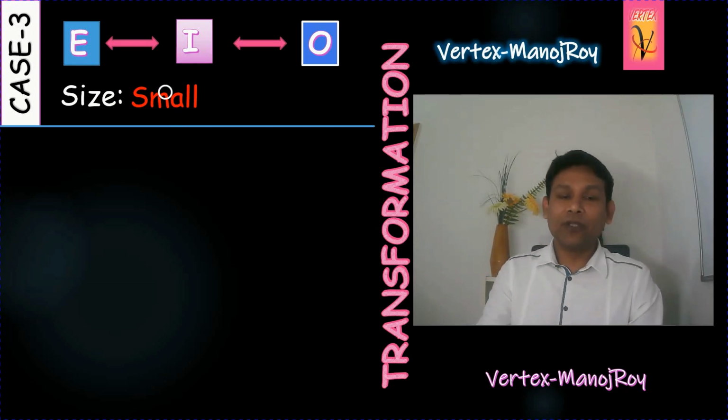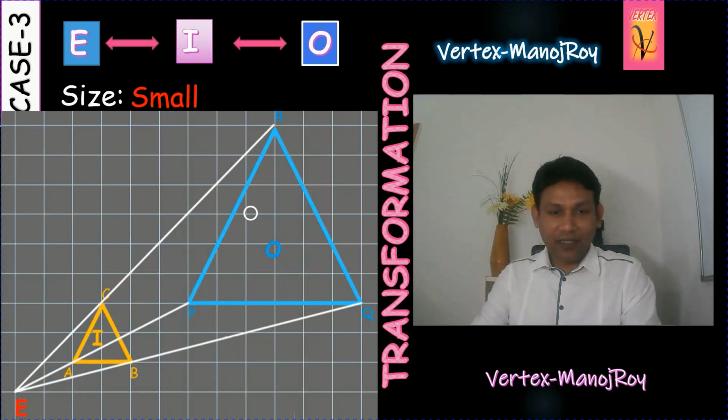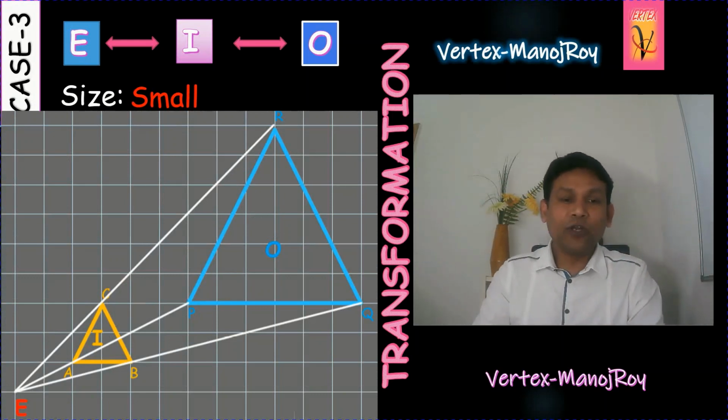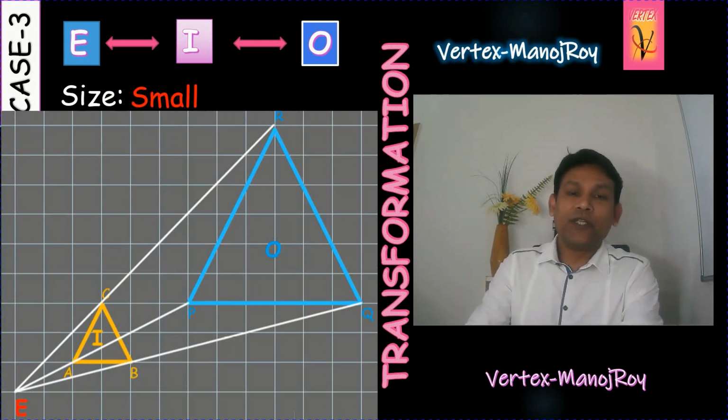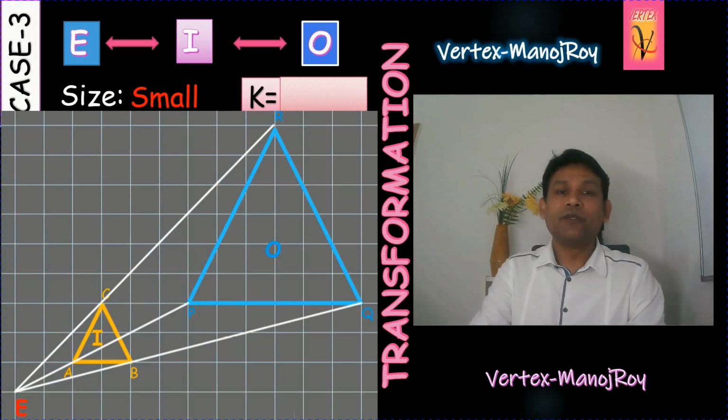Okay, size is small. So what type of shape do we have here? Here we can see the center, then the image, then the object. It means the image is becoming small. So what is k? First of all, we have to decide whether k is negative or positive.